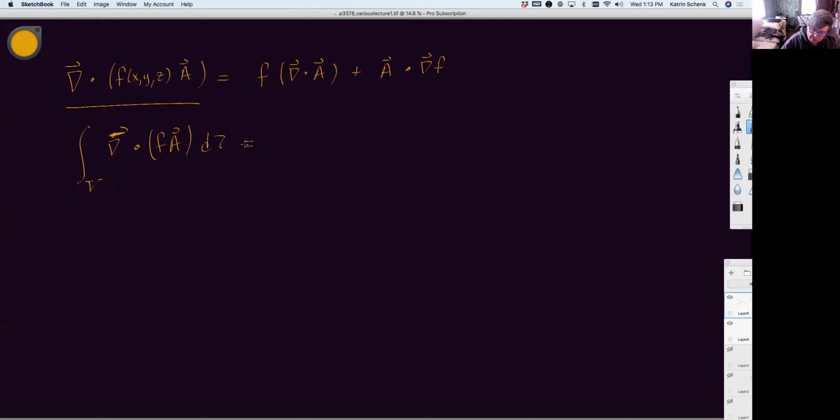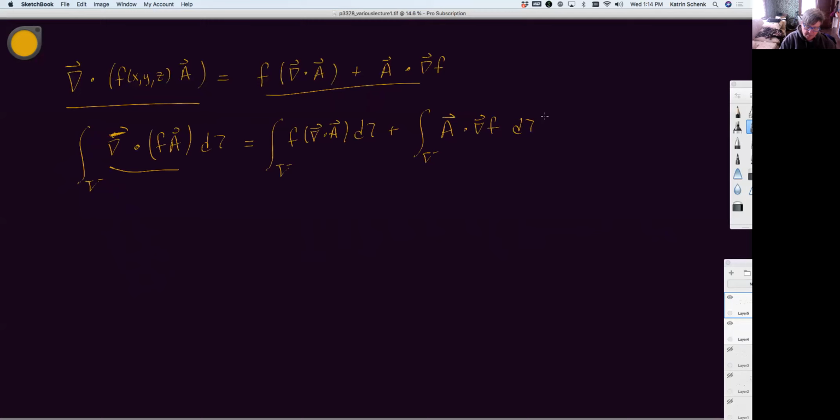So let's write down that this thing here is equal to all of this. We have the integral over that volume of f del dot a d tau plus the integral over that volume of a dot the gradient of f d tau, okay?